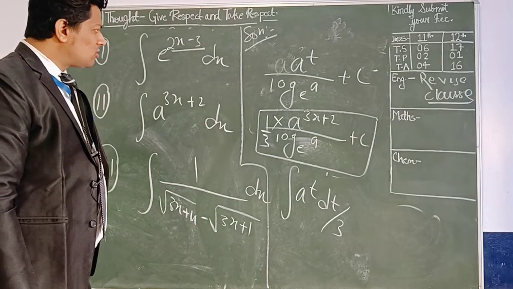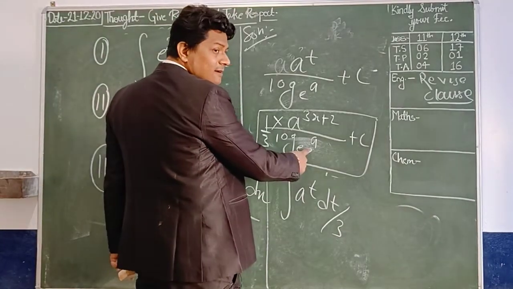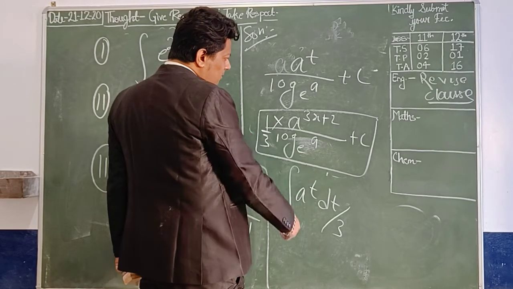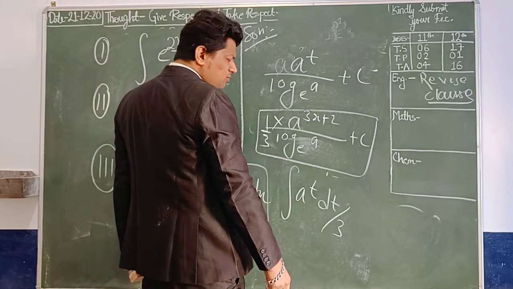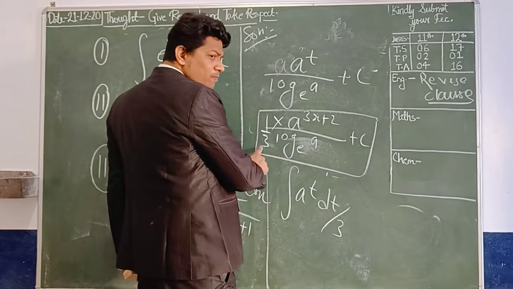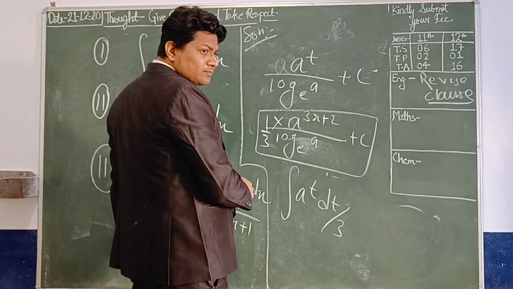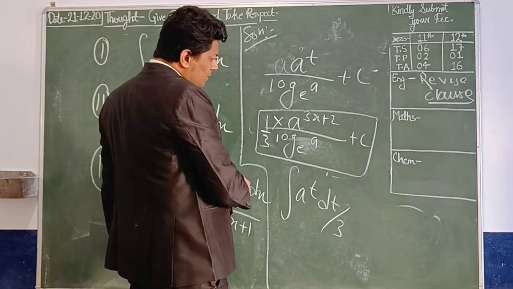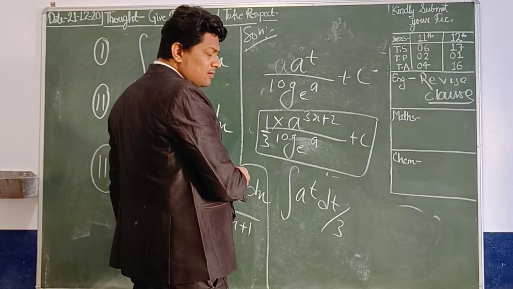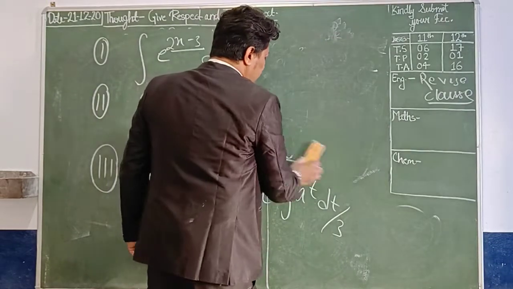Log 2? Here, what? Log a. Why is there log 2? Sir, 3x plus 2 is a constant. Sir, after integrating it, we divide by 3. Where is integration done? Sir, we log into... Wait, again I will do.